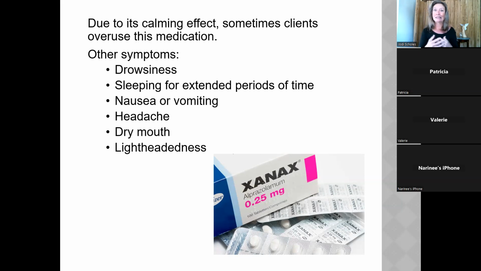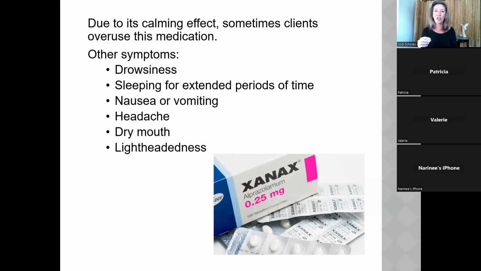If they're on Xanax, they may have taken one recently. So drowsiness, sleeping for long periods of time, vertigo coming off the table, sometimes nausea, sometimes a headache, sometimes dry mouth, sometimes lightheadedness, but mostly what we see is this deep sleep. And so we just have to be prepared.